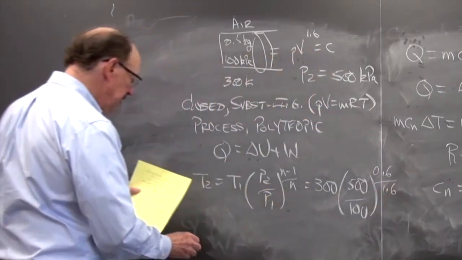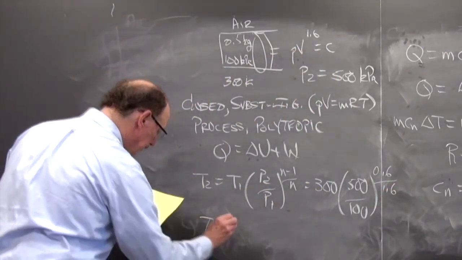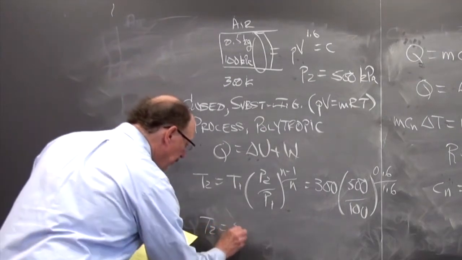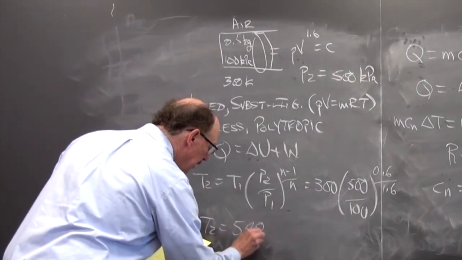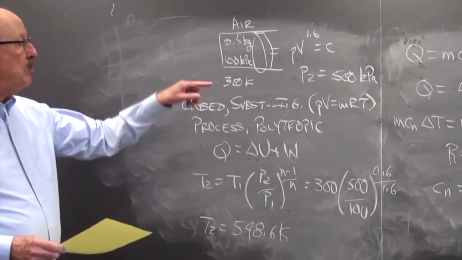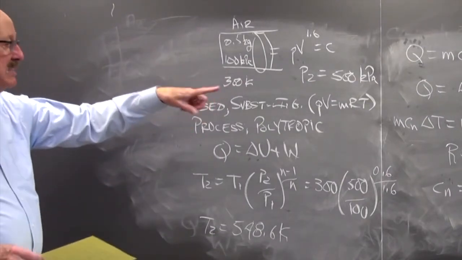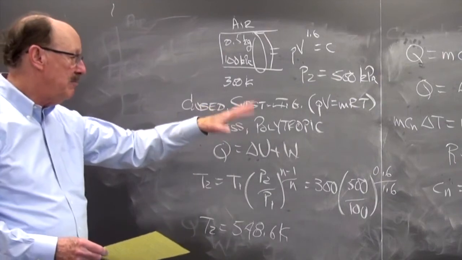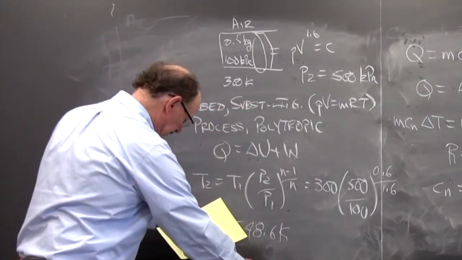We get that T2 is 548.6 K. So I could solve for T2, and if you remember, all the equations need T2 in them, so we'll have what we need. Then let's solve for delta U.